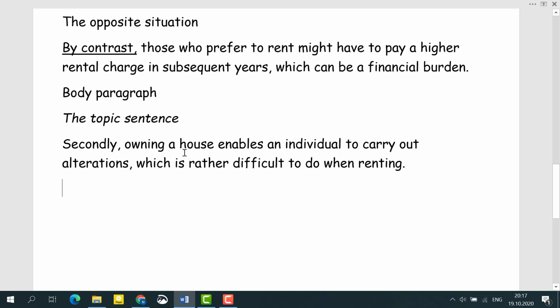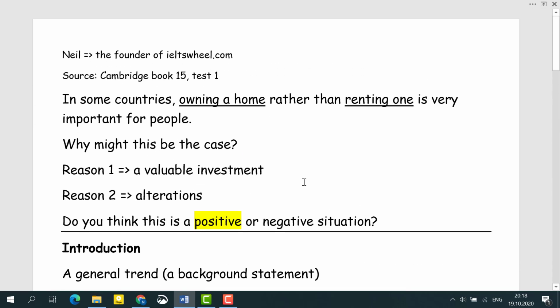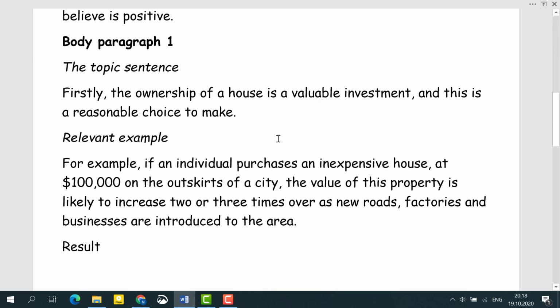Owning a house, okay, enables, which means give the opportunity, an individual to carry out alterations. To carry out basically means to do, okay? Like alterations means changes. And then, which is rather difficult to do when renting. So once again, I always remember to include both of these aspects, okay, if I want to get a high band.